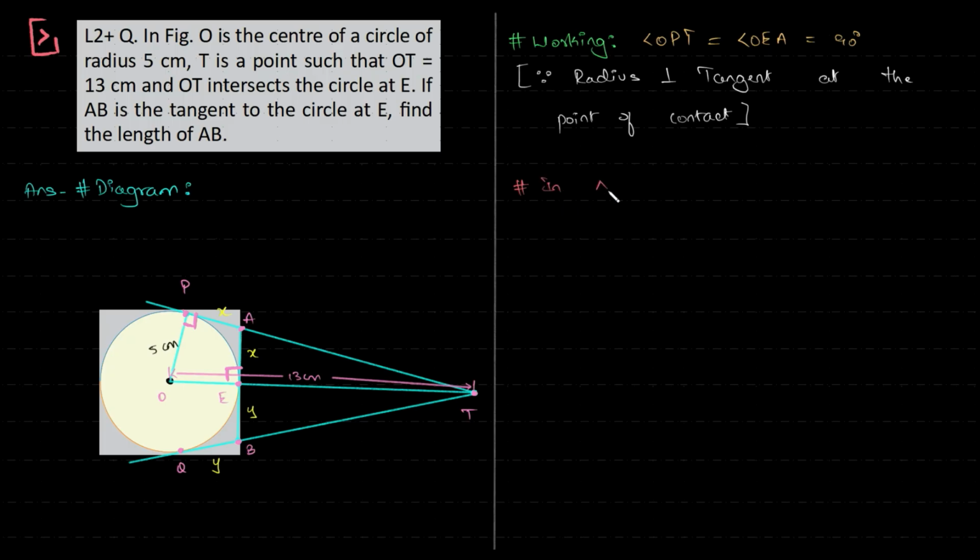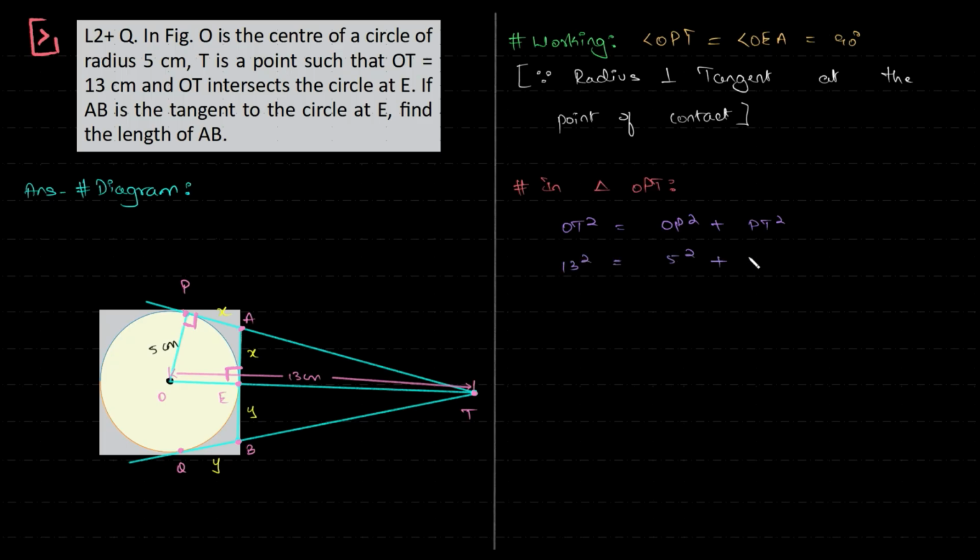So in triangle OPT, we have angle OPT is equal to 90 degree, which we have already written actually. It's no point in writing it again. Right, we need to reduce the writing. So we have OT square, that's the hypotenuse, equals OP square plus PT square. This is 13 square, this is 5 square.